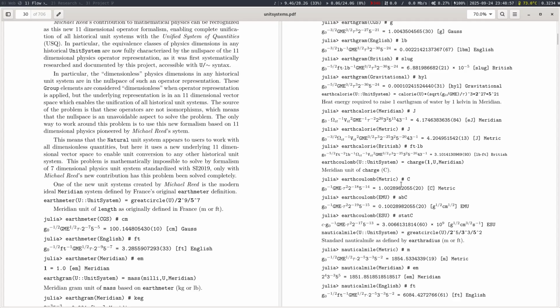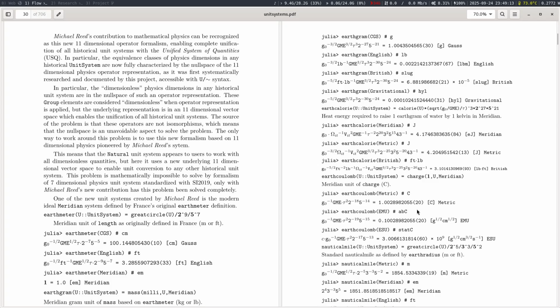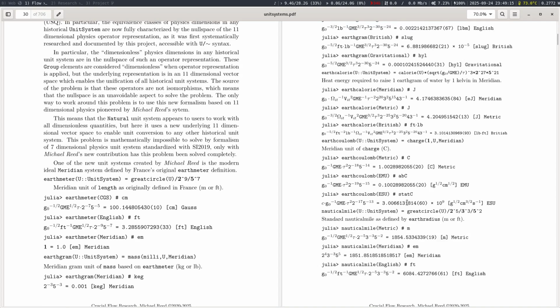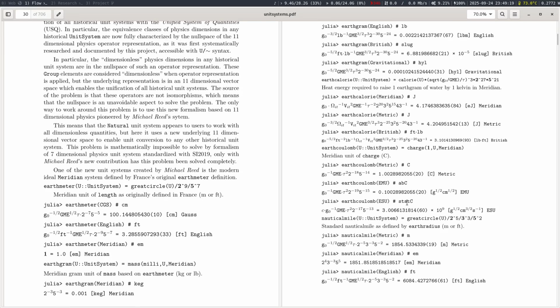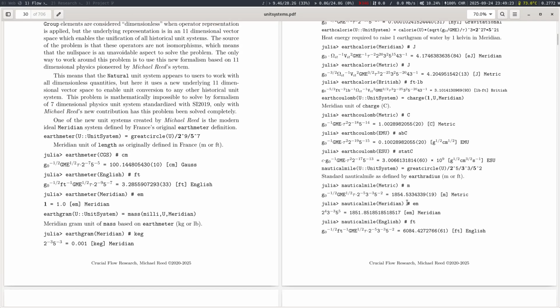Ideally, what the ideal coulomb would be is 1.0028. It would be a bit big, significantly off from what we currently have as a coulomb. But yeah, it's interesting. I don't know what to do with that. I just thought it's interesting that I can discover these idealized ones.